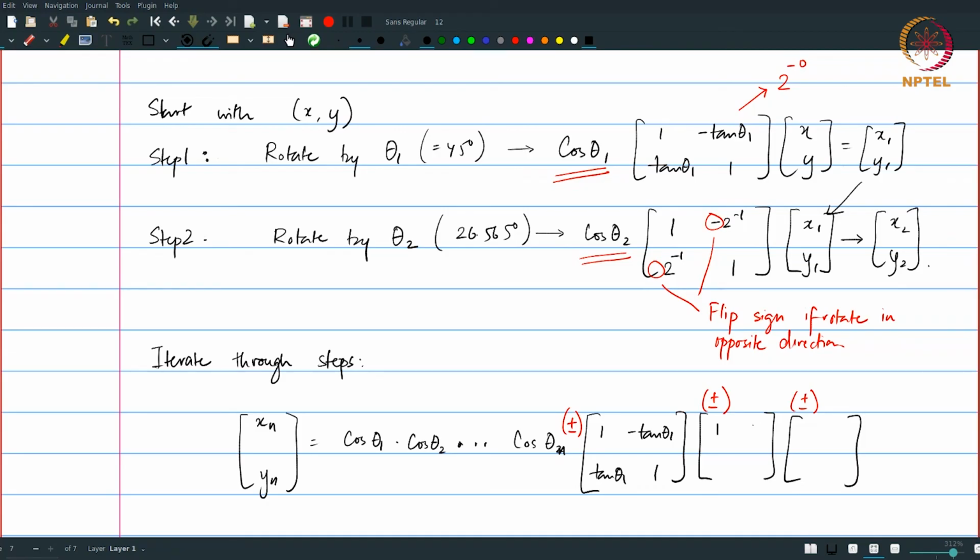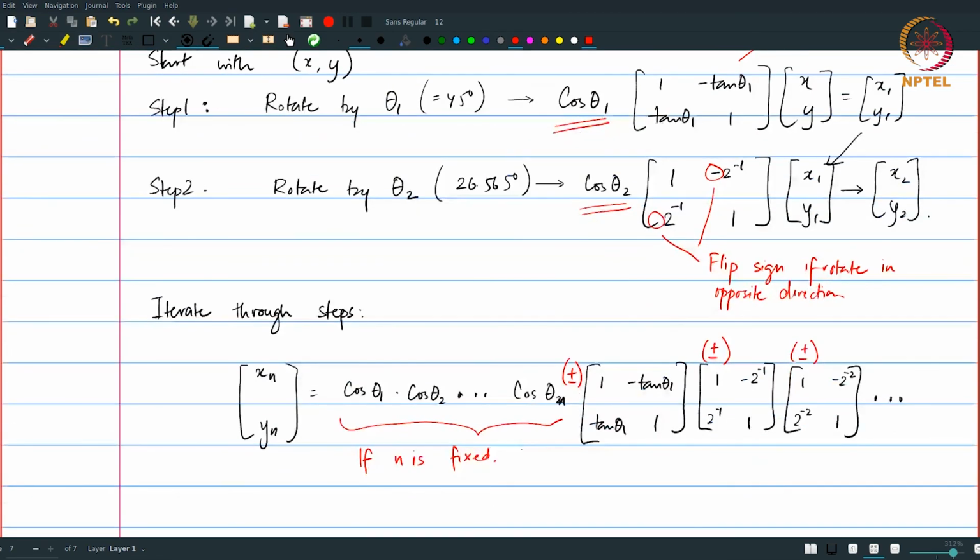This part would essentially be 2 power minus 1, this would be 2 power minus 2, and so on, which means that this product of cosines, if n is fixed, will be a constant that I can pre-compute.